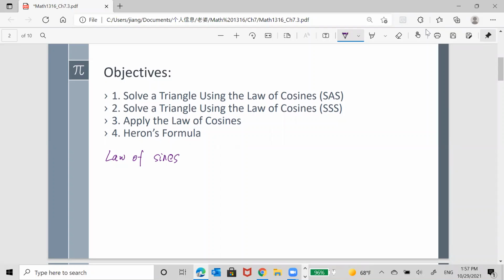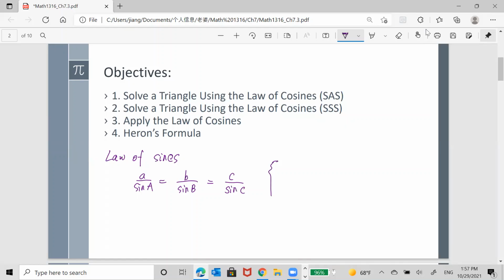For the law of sines, we can use the formula a over sine A equals b over sine B equals c over sine C. Using this formula, we can solve three cases.